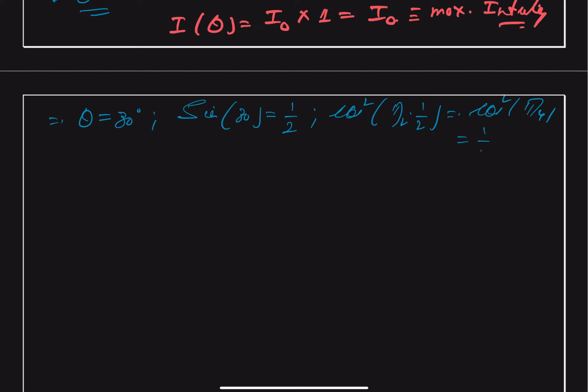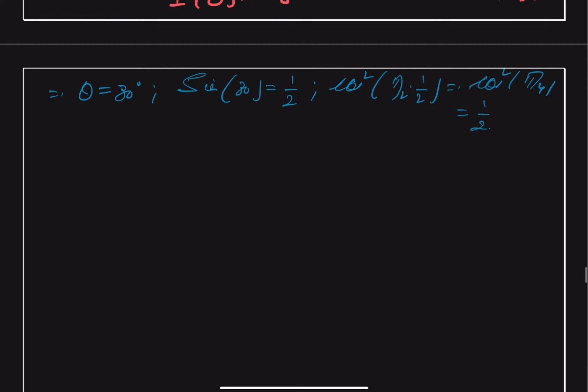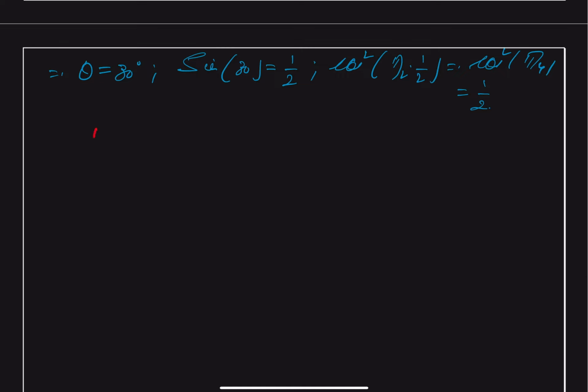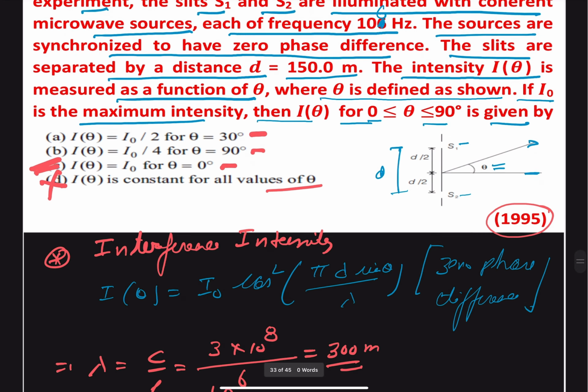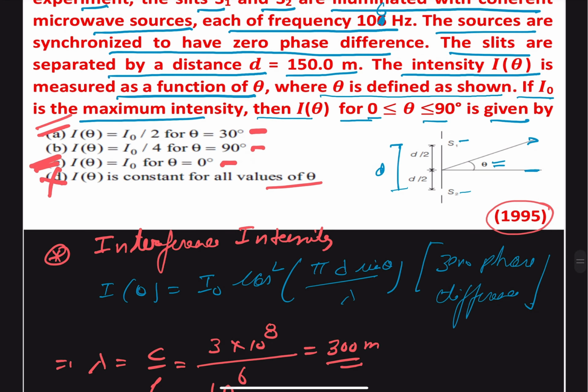Therefore, for theta equal to 30 degree, we get 1 by 2 I naught. So for 30, option number A is also correct.